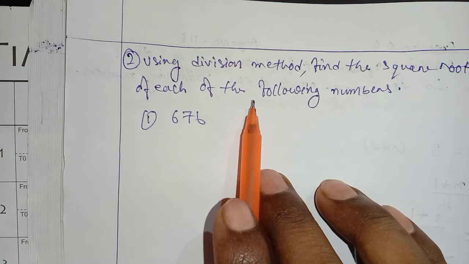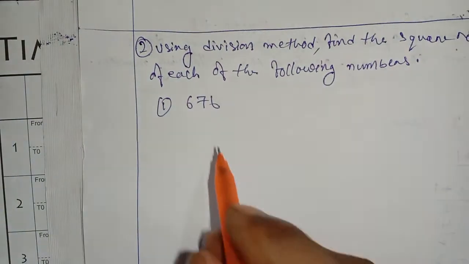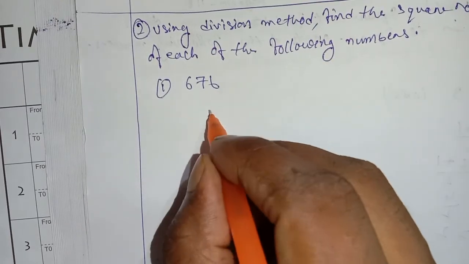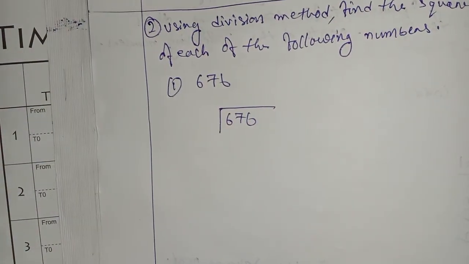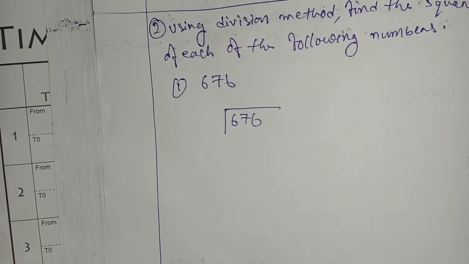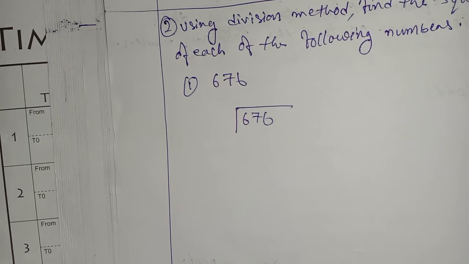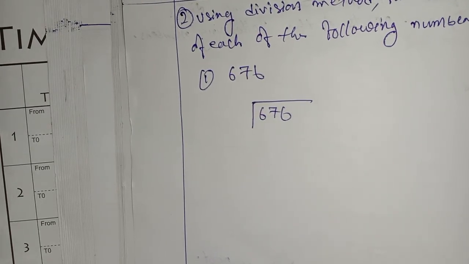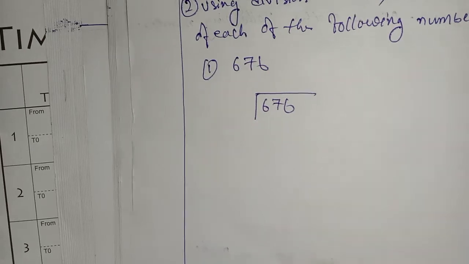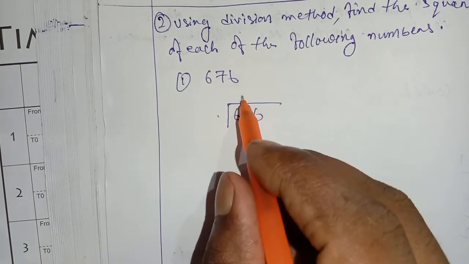Division method means you divide, but according to the same process of division. Take 676, but there is no number to divide it by. So how to find? See here. Whatever number we put here, we have to put the same here also.